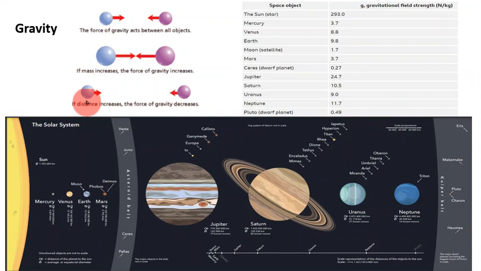The next property that we can look at, and it's related and links in with mass, is this idea of gravity. Gravity is basically a force, and the force of gravity acts between objects. In order for there to be gravity, there has to be mass. When you have two masses, there's this force of gravity.